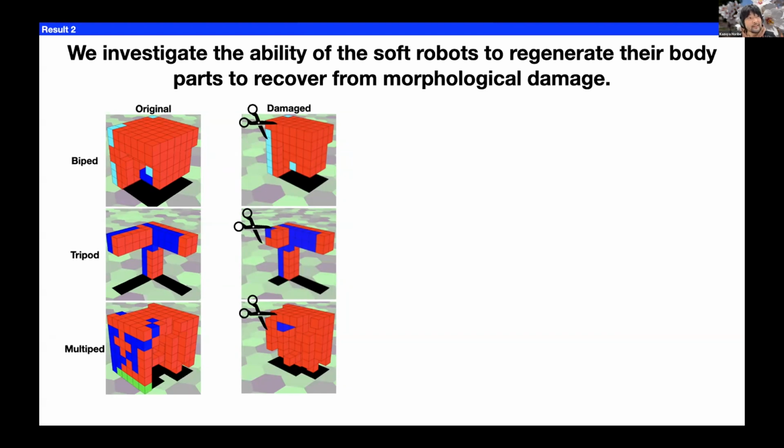But in real biology, for example the sea slug or the salamander, they have a centralized brain. So if you remove the brain, maybe they can't regenerate.